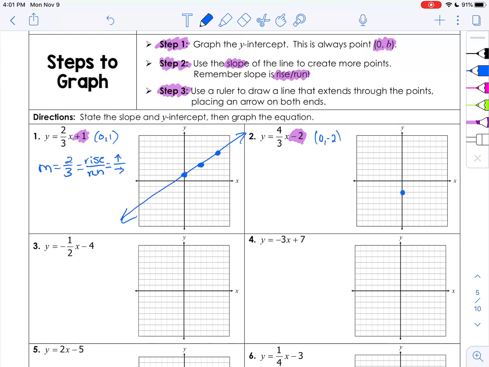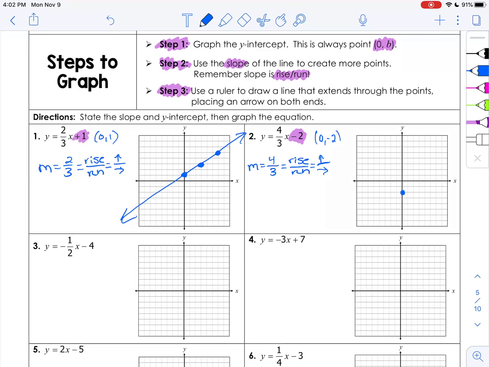Then we use our slope to find at least 2 more points. So our slope is 4/3. Remember, it's rise over run. Because our 4 is positive, we're going to go up 4. And because our 3 is positive, we're going to go to the right 3.